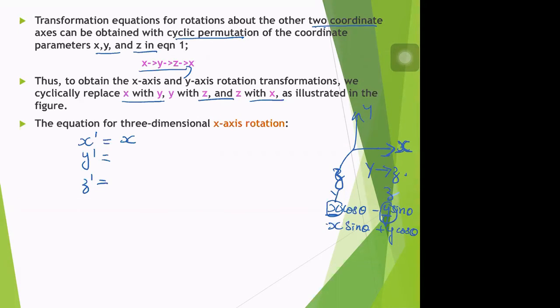So my formula now is y cos theta minus z sin theta, followed by y sin theta plus z cos theta. Hope you have understood this much.